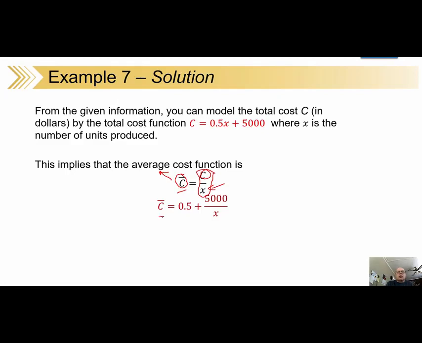So what we've got is the average cost function is 0.5 plus 5,000 over x. Remember, we got that from taking this and dividing the whole thing by x. So 0.5x over x, the x is cancelled, you get the 0.5, 5,000 over x is 5,000 over x. So there's our average cost function for us.